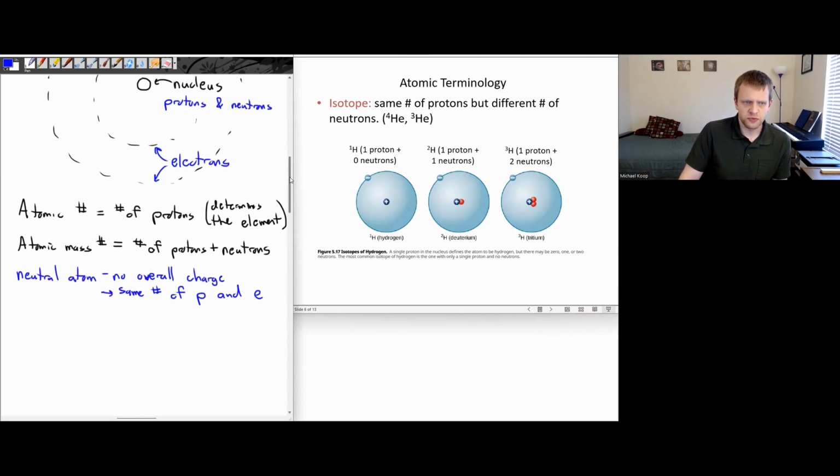Okay, so some more terminology. We've got the terminology for an isotope.